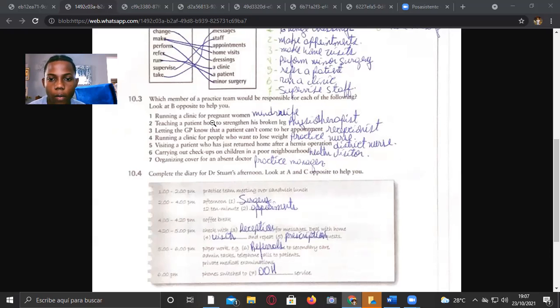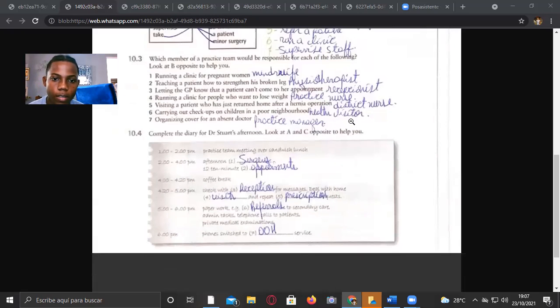Running a clinic for pregnant women, midwife. Teaching a patient how to strengthen his broken leg, physiotherapist. Letting the GP know that a patient can't come to her appointment, receptionist. Running a clinic for people who want to lose weight, practice nurse.